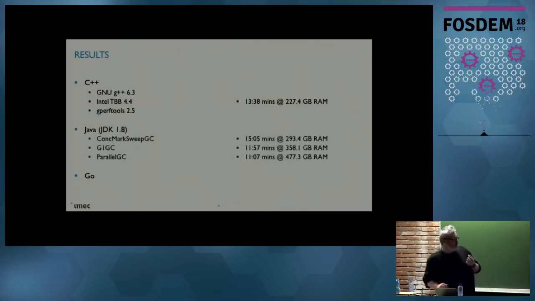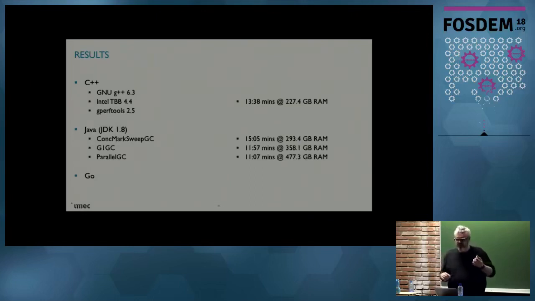Next comes Java. We're using JDK 1.8 at that stage. This looks not so great. We have runtimes that are better than the C++ runtime, but at a huge cost of RAM. For the parallel garbage collector, it's almost 500 gigs. For the G1 GC, it's 360 gigs or something.